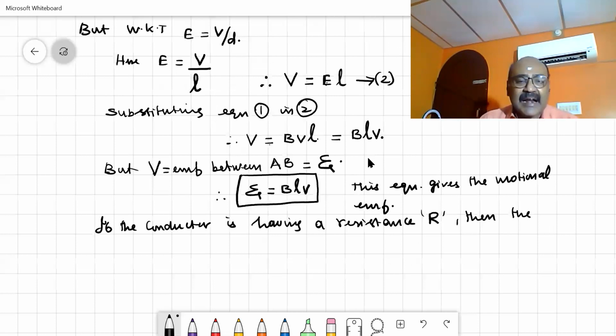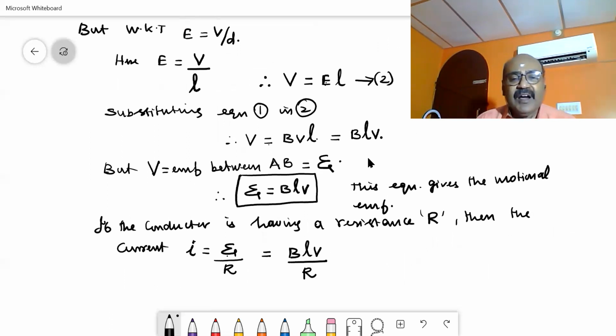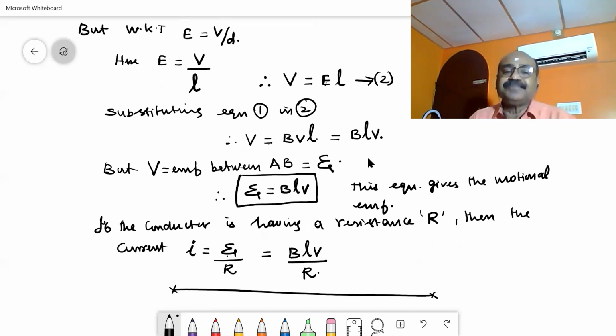So the current I can be written as EMF divided by the resistance, which is equal to B into L into v divided by R. We take this as the expression for the current that is developed in the conductor when the conductor moves inside a uniform magnetic field from left to right.